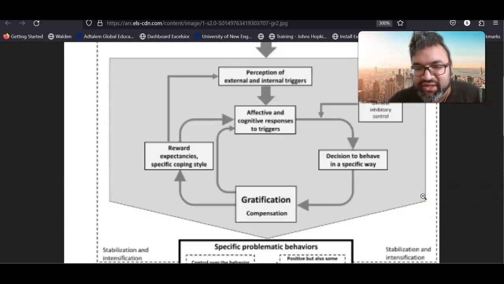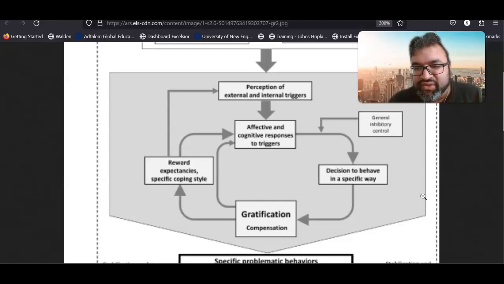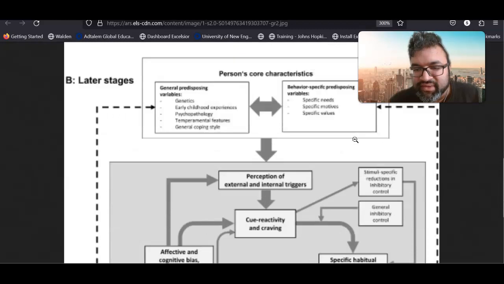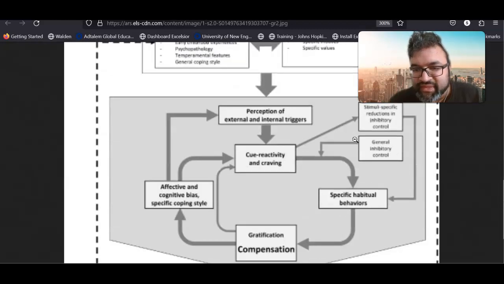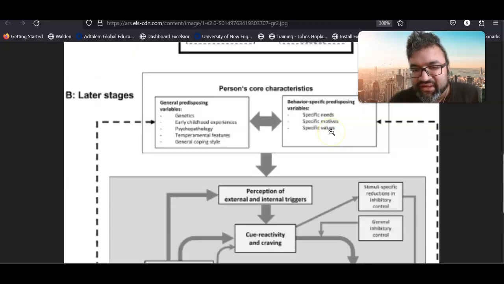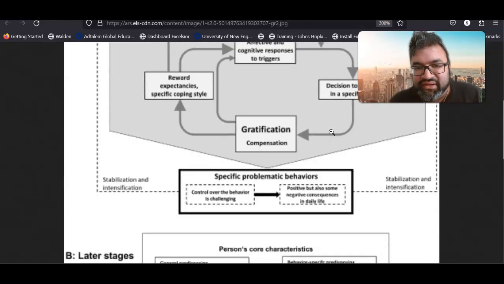So comparing that to here, there's only general inhibitory control. However, now there's cue reactivity and craving, which was not there at the top.